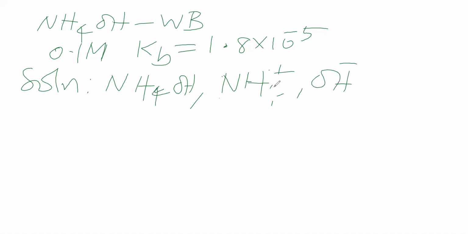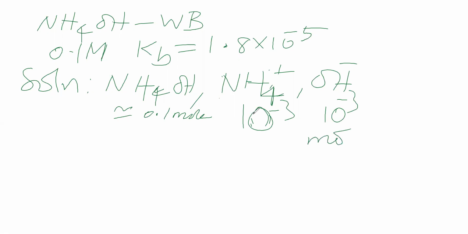If you take 1 liter, there is nearly 0.1 mole of ammonium hydroxide, and about 10 to the power of minus 3 moles each of ammonium ions and hydroxide ions. For understanding, we have considered 1 liter of ammonium hydroxide.